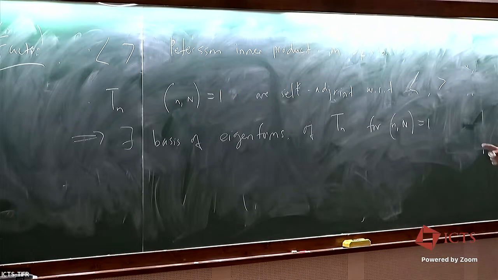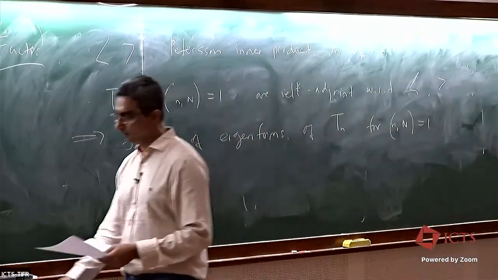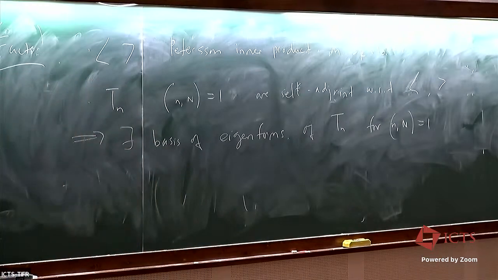So anyway, you have a basis of eigenforms. Warning, you do not get a basis of eigenforms for all the Hecke operators, just for the Tn's coprime to N, but there's a nice subspace called the new subspace, which are basically modular forms which don't come from smaller level. And on that, you actually get a basis of eigenforms. I won't write that.